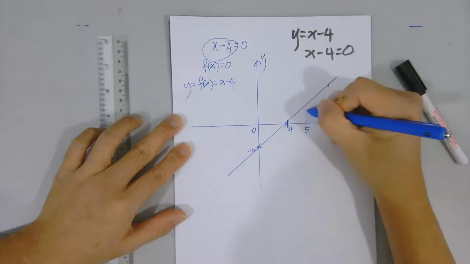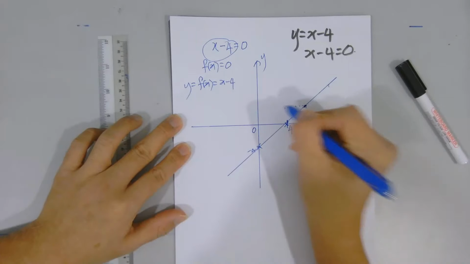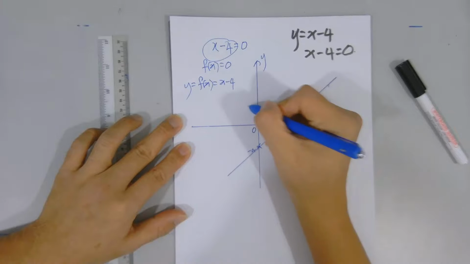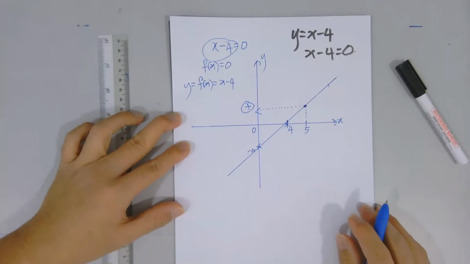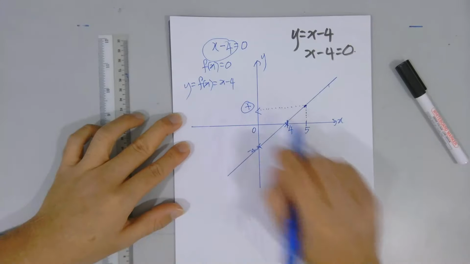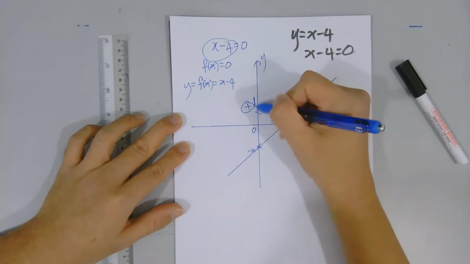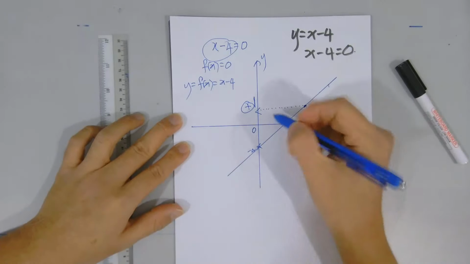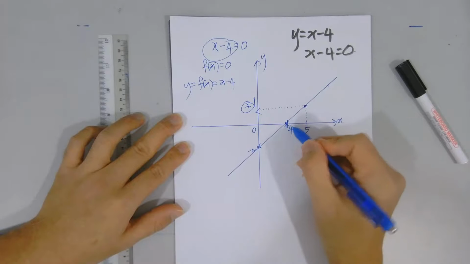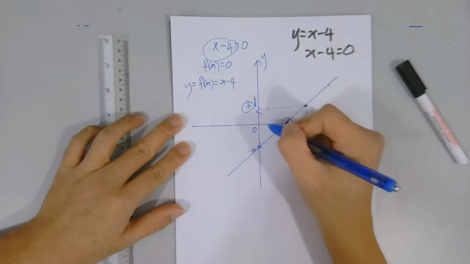Now I'm asking, what is the value of f at 5? Of course, when they draw the graph, it gives a positive value. You say 5 minus 4, when x is 5. So what is the value of y? It will be positive 1. So let's say this is the root. This root is between 5 and 3, for example.